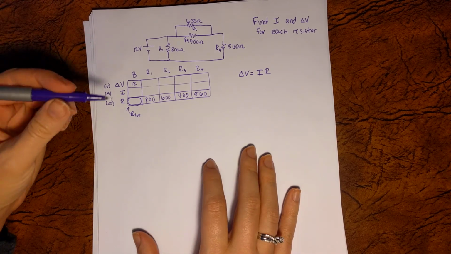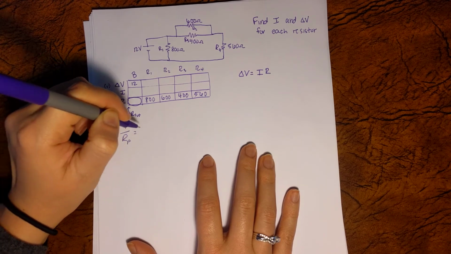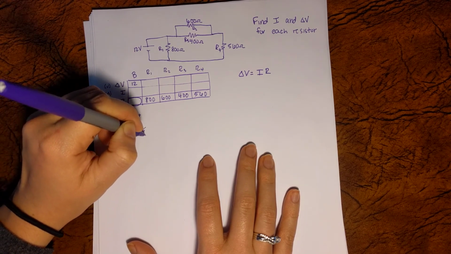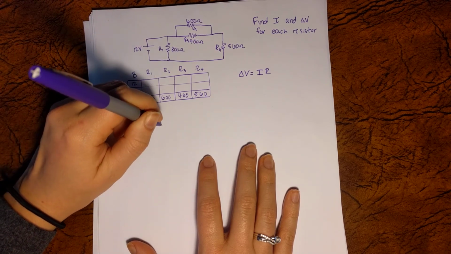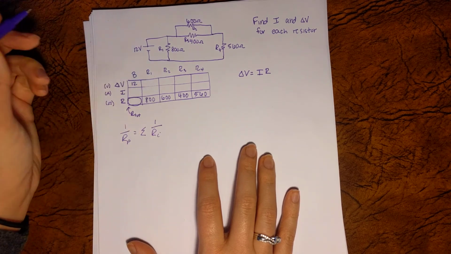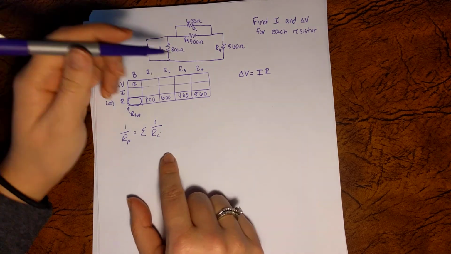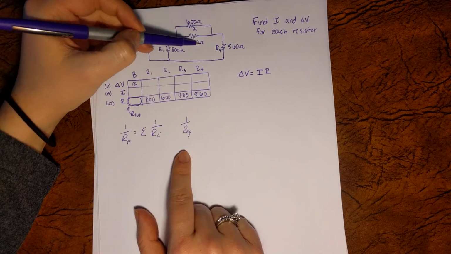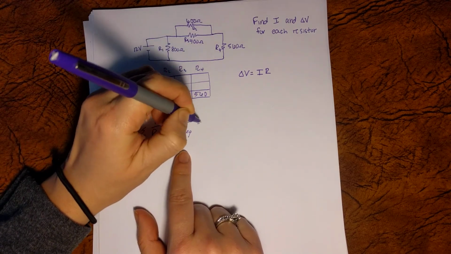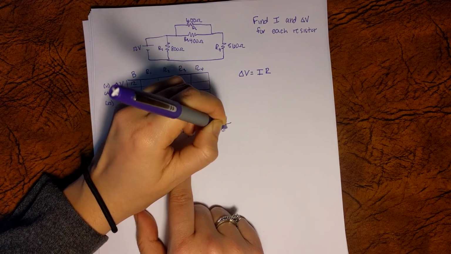We know when resistors are in parallel, 1 over the total resistance in parallel is going to be the sum of 1 over all of those resistances. So looking here, I'm going to write this as REQ for these two. That's going to be 1 over 400 ohms plus 1 over 600 ohms.